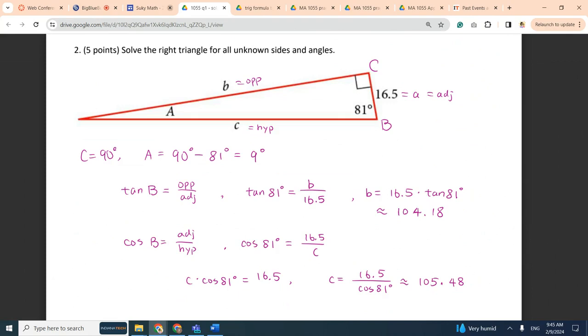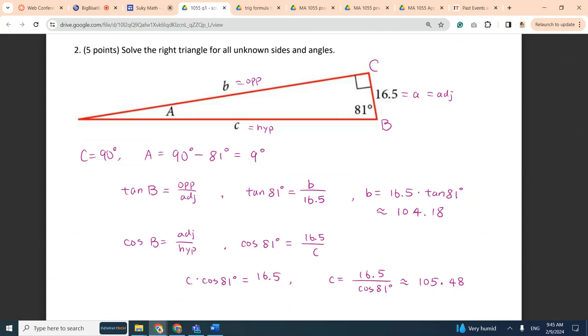Tangent 81 degrees is opposite B over adjacent 16.5. Yes, everybody? So how do you solve for B? Both sides multiplied by 16.5. So you get this number.